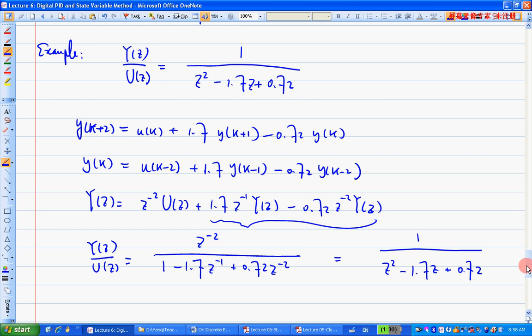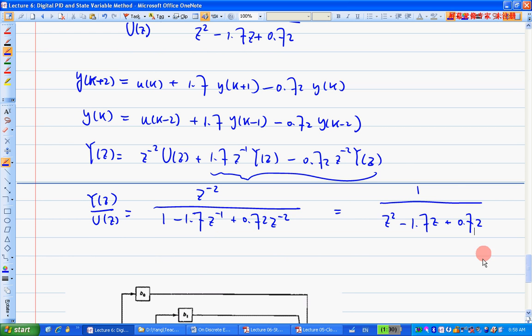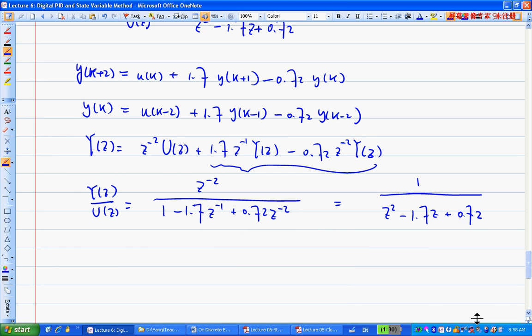Just a side note: you might wonder why you wrote this and why you wrote this, and what's the difference between these two. Technically, mathematically, there's no difference. But this is normally a DSP format. If you're an electrical engineer practicing digital signal processing, they generally like to write the Z transfer function using negative powers.